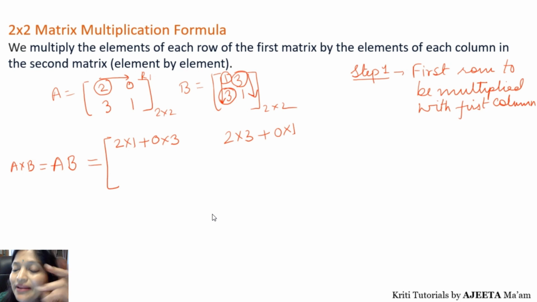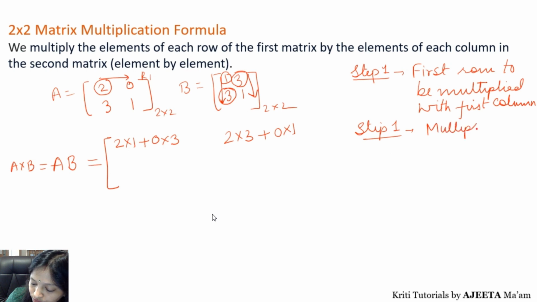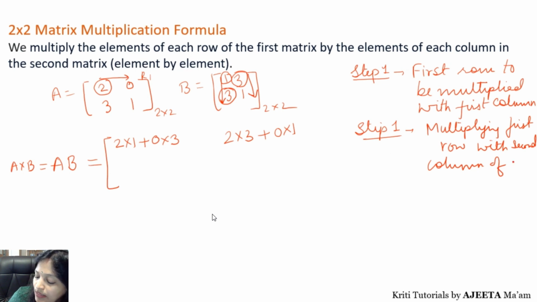Correct. So we multiplied 2 by 3 and 0 by 1. What are we doing in step 2? We are multiplying the first row with the second column of the second matrix. Again element by element. 0 with 1, 2 with 3, and then again we added. Okay, now let's close it because there is no other column.